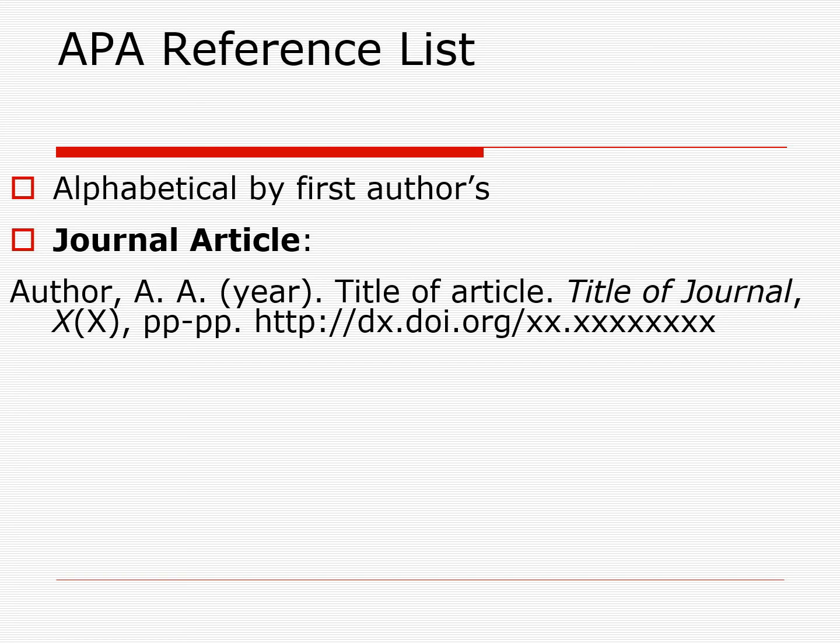So that might be, for example, 7 to 20, then a period, and then the entire URL of the DOI, which stands for Digital Object Identifier.